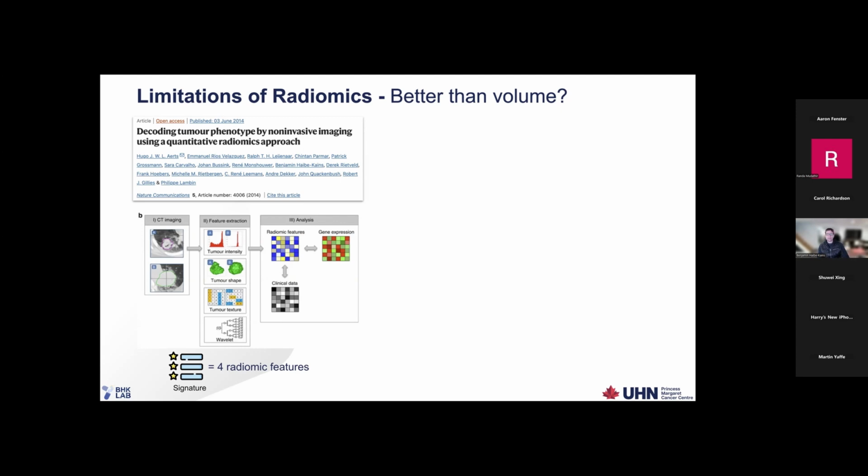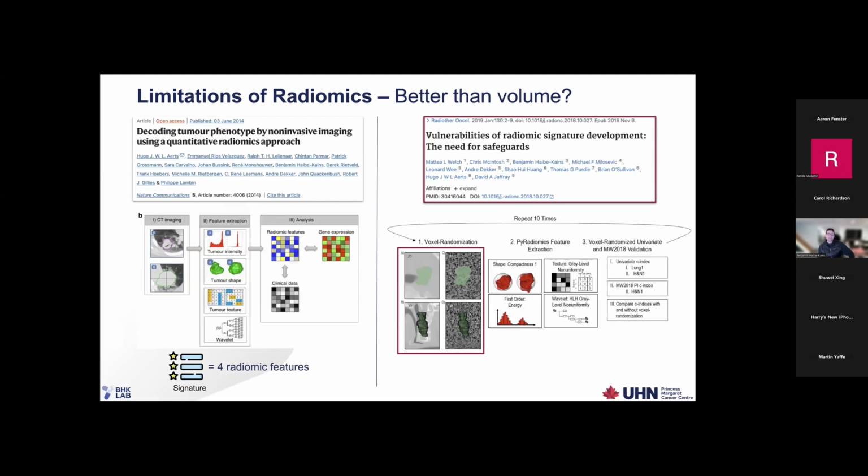And so if you look at this paper, for instance, with the same author, with Hugo, we went back to the original publication, and Mattia Welsh decided to do something quite interesting, which is: let's randomize the voxels and see what happens to that signature. That signature was four radiomics features: intensity, shape, texture, wavelet, and it was predicting survival of lung cancer patients pretty well.